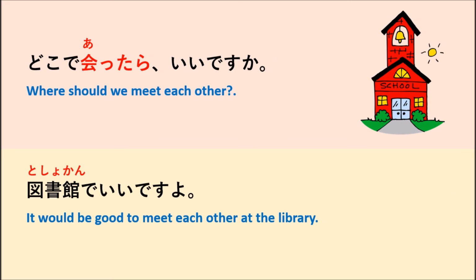So you can say レストランでいいですよ。It means we can meet each other at the restaurant. Or you can say カフェショップでいいですよ。Or you can say in your office: 私の事務所でいいですよ。It means we can meet each other at my office.